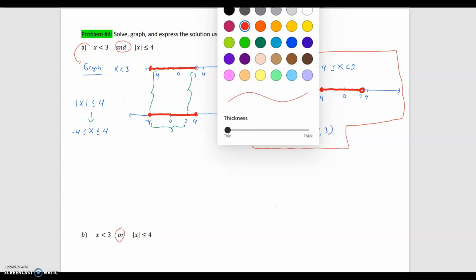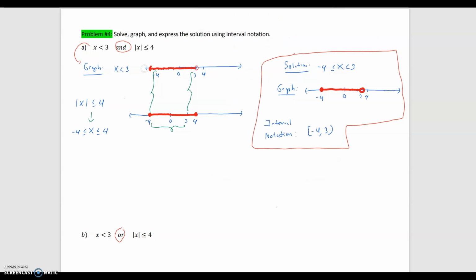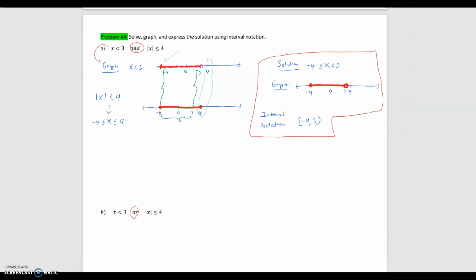Okay. Now, the last portion is going to be the union. When we look at the union, and let me use a different color, we're technically putting this solution along with this one and no repeats. So as you merge both of these, it's going to have an upper bound of 4 because that's the maximum that this one reaches. And because this one goes all the way to the left, it goes to the negative infinity.